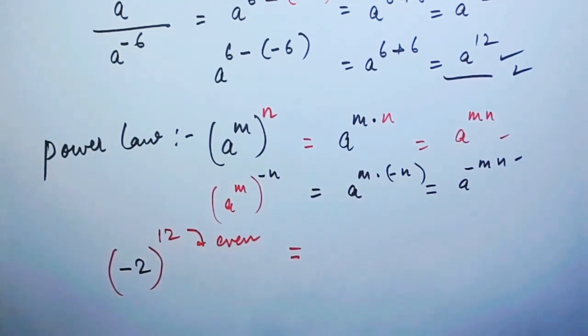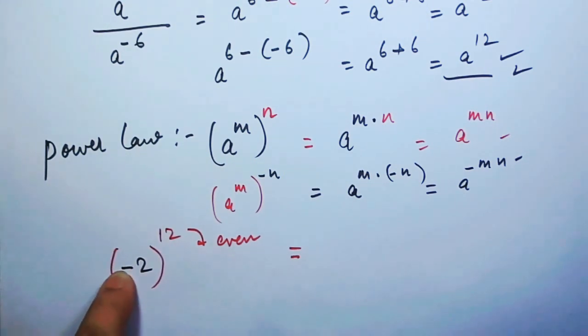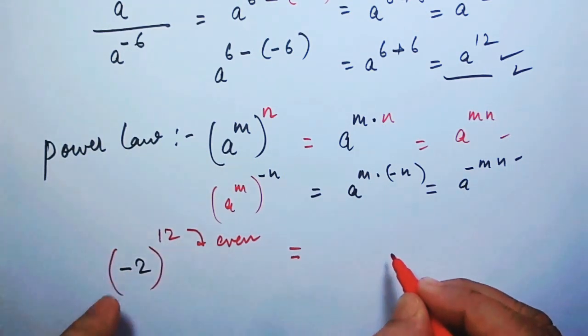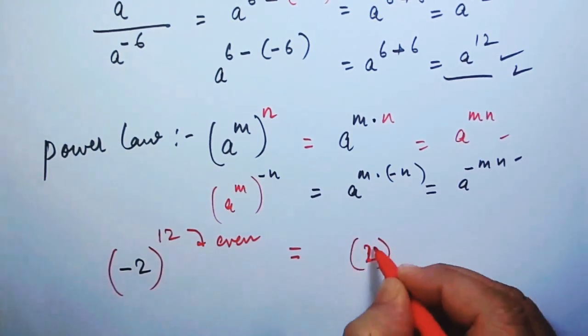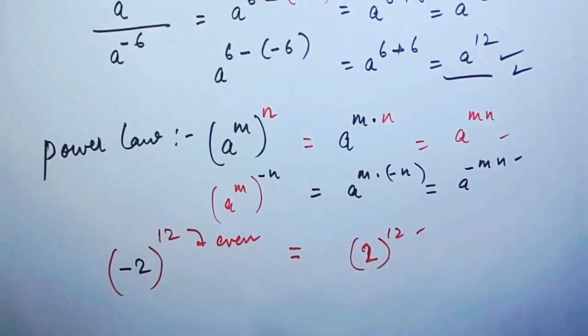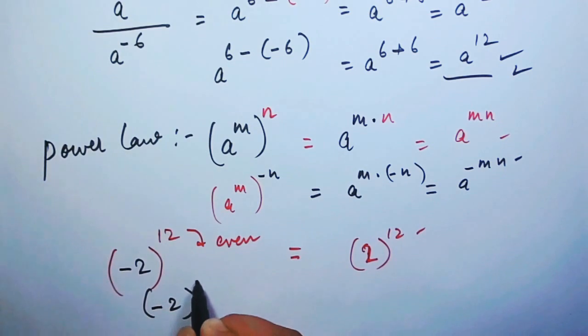Therefore, in this case, the negative sign will vanish, and you will get plus 2 to the power 12. Simple. Now, if this minus 2 is raised to an odd power, for example, let us take 11, plus 11.